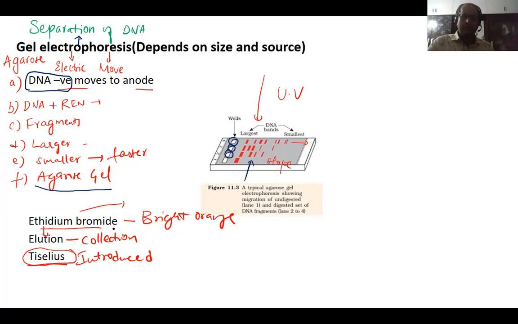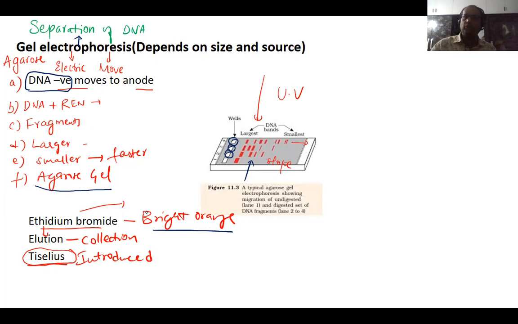Once the color is added, you still cannot see them, so we put UV radiation on it. Under UV radiation it looks bright orange in color. So ethidium bromide gives a bright orange color. Then it is confirmed that the fragments are separated, whether smaller or larger.